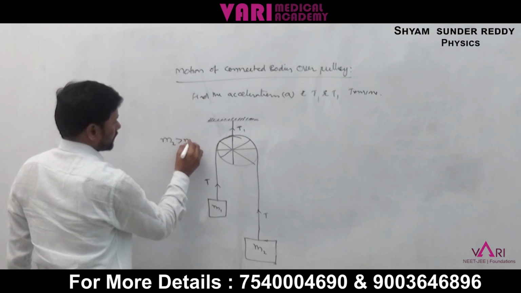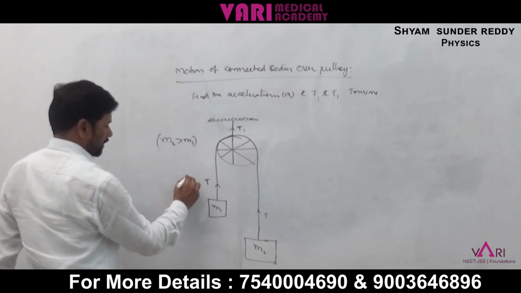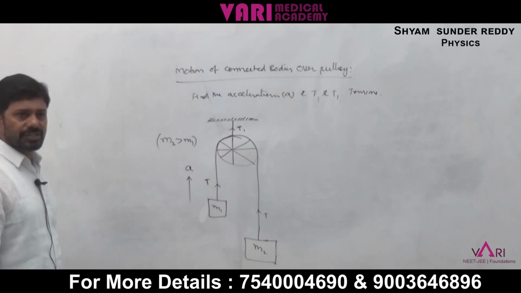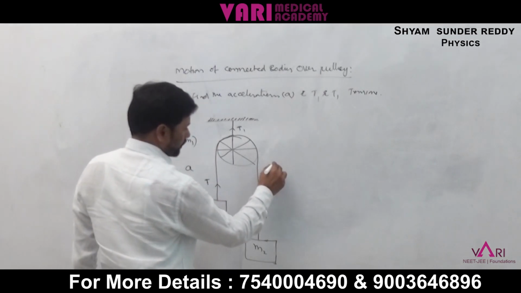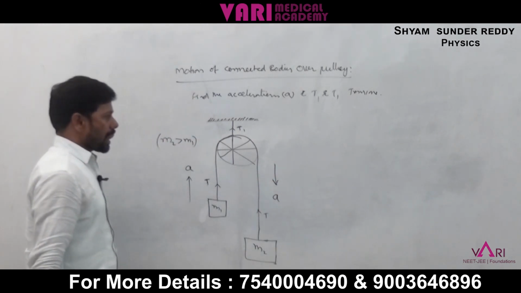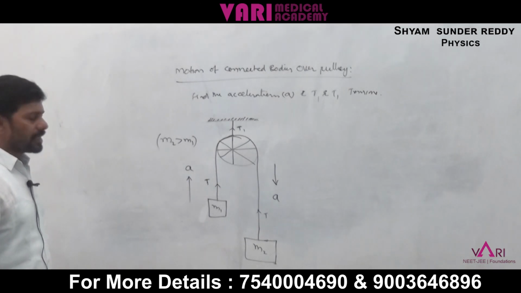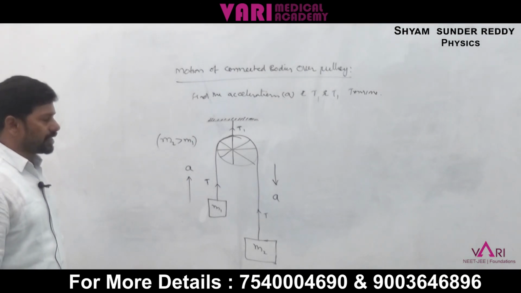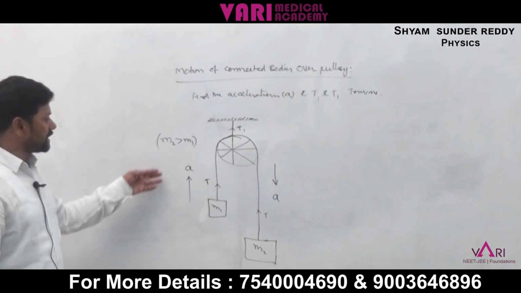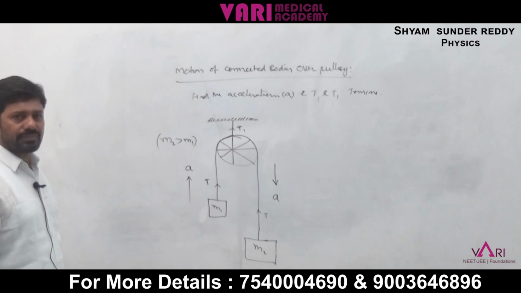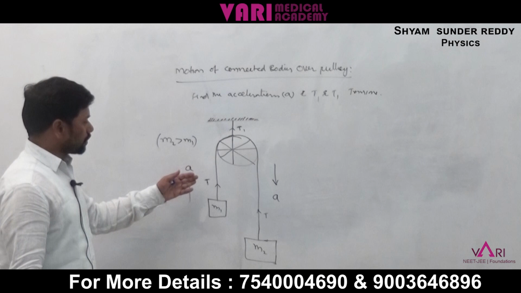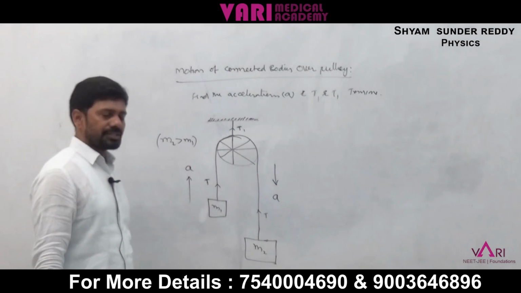That's why the acceleration of mass M1 is in the upward direction and the acceleration of mass M2 is in the downward direction. Based on this, we need to find the FBDs of M1 and M2. From that we can easily get the acceleration a of the masses M1 and M2, and also the tensions T and T1.